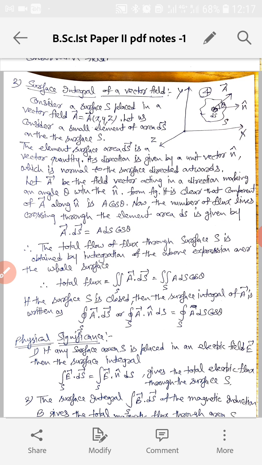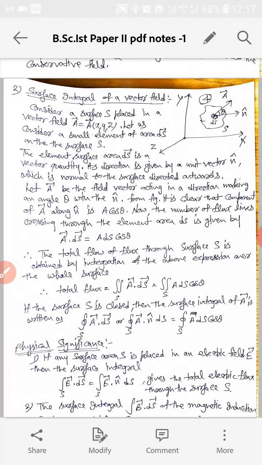The area has a direction along n cap, which is normal to the surface directed outwards. If we have a surface like this in this plane while we are watching our mobile, then the normal directed outwards will be from this surface of the mobile to our face. That will be the direction of the normal.